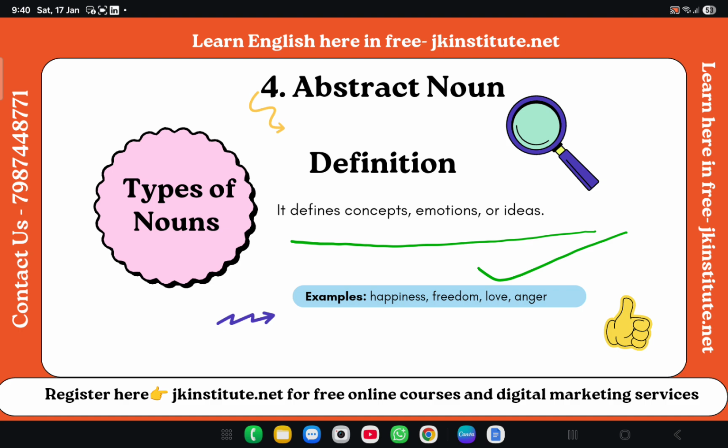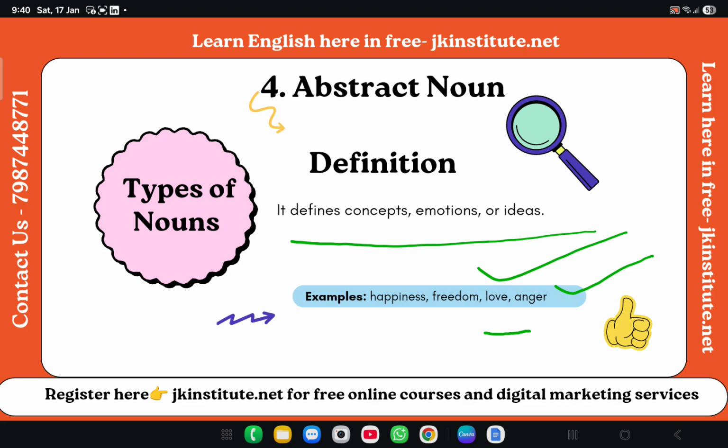Happiness, freedom, love, anger. These kinds of examples can be included in sentences. Hopefully you understood abstract nouns. Abstract nouns cannot be touched, they can only be felt.